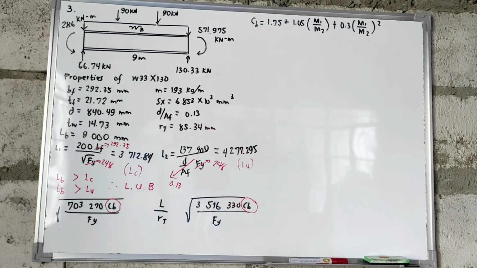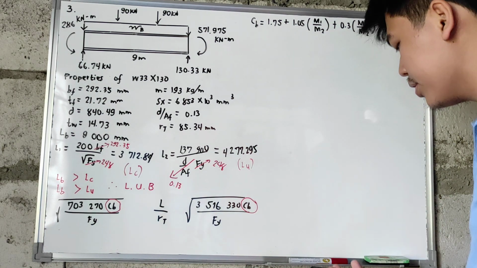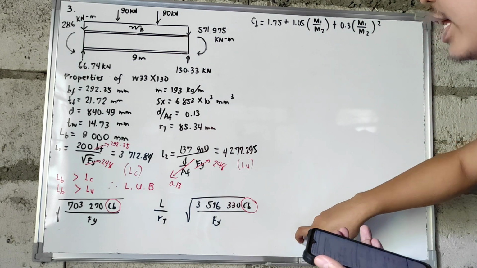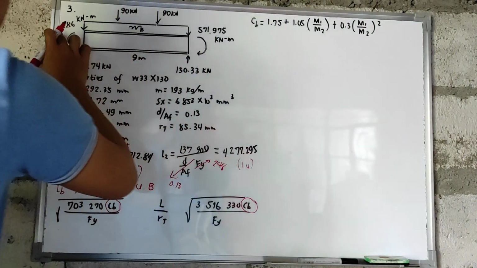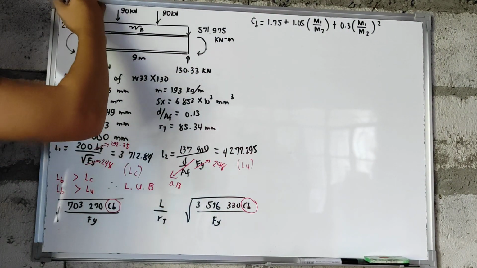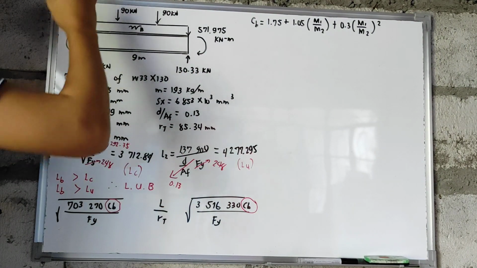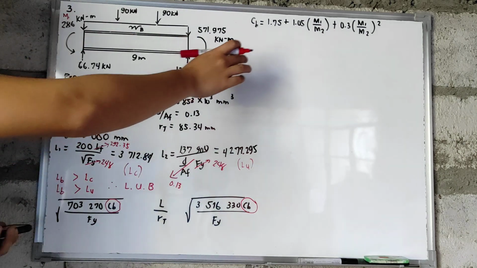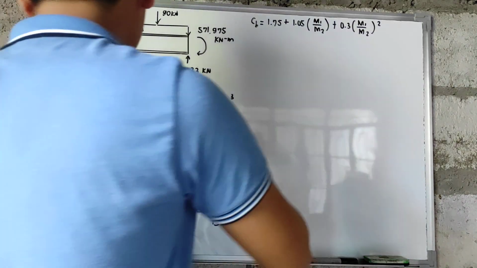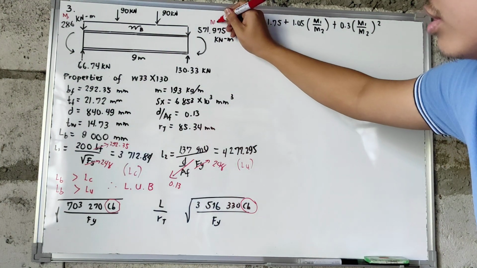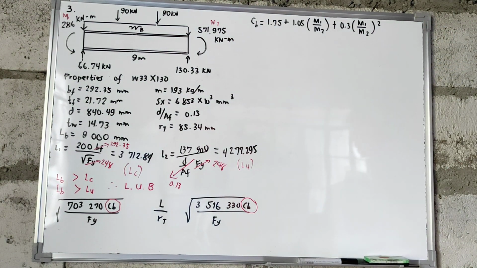So, yung M sub 1 natin, obviously, ito yung smaller value natin. In this example, yung smaller value natin is yung 286. So, ito yung M sub 1 natin. On the other hand naman, yung M sub 2 natin, that is the larger end moment. So, in this example, etong 571, that is the value of our M sub 2.